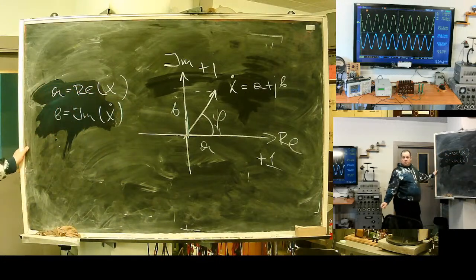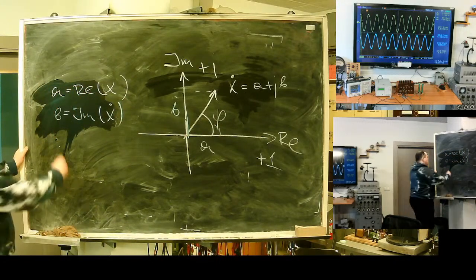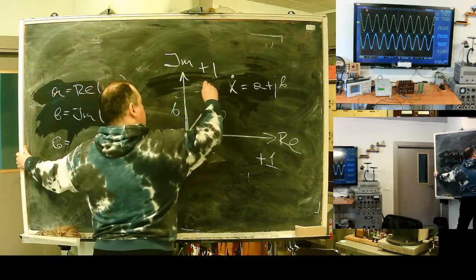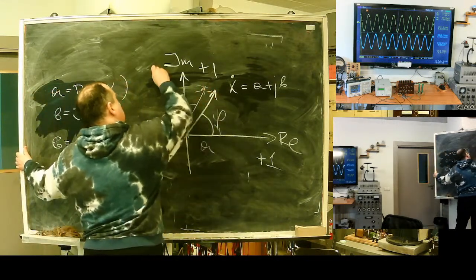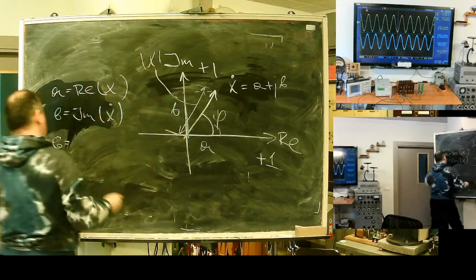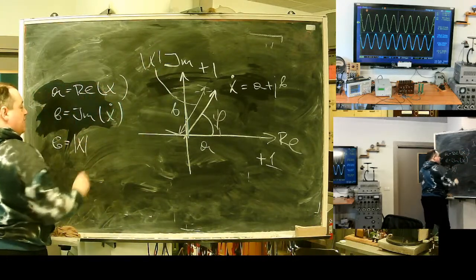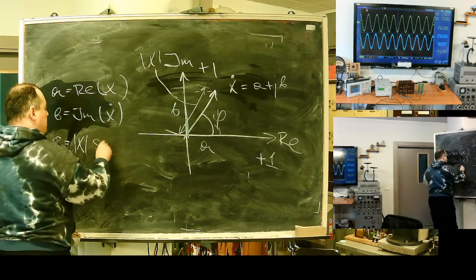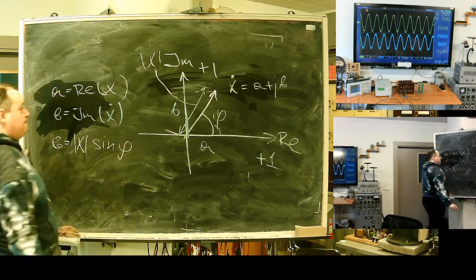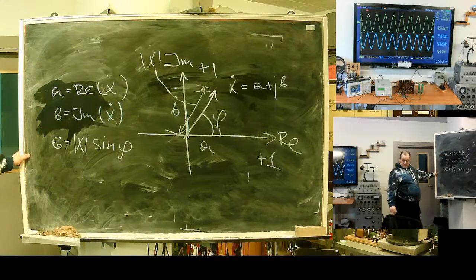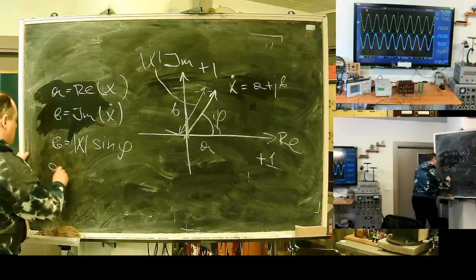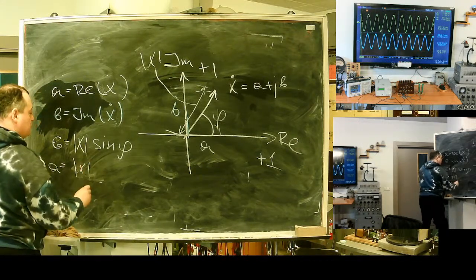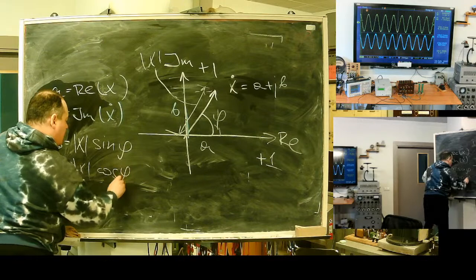Can I do it? Why not? It exists. B will be the length or absolute value of my x multiplied by sine. A is the absolute value multiplied by cosine.